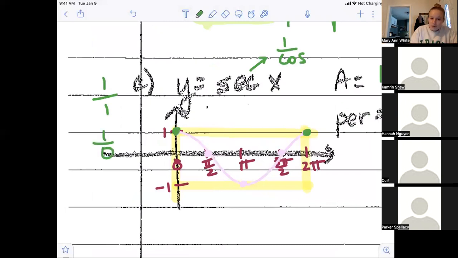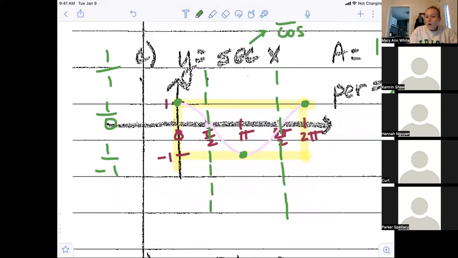So that's like 1 over 0. Well, we just learned 1 over 0 is an asymptote. Sorry, I got my A words mixed up. Asymptote. So if pi over 2 is 1 over 0, that's an asymptote, and so is 3 pi over 2. And then the last point at pi, it's -1, and 1 over -1 is still -1. Okay, cool. They share the same point.